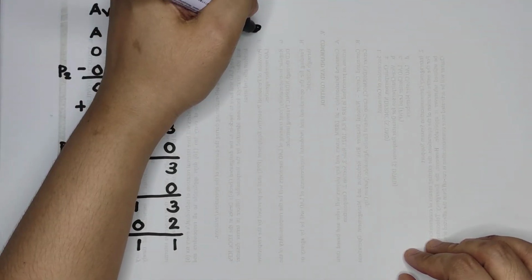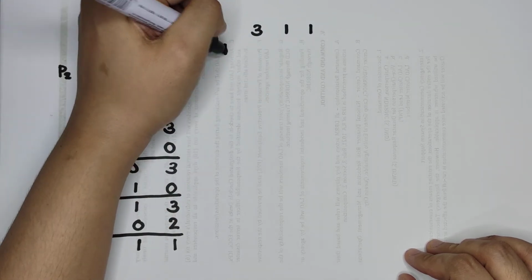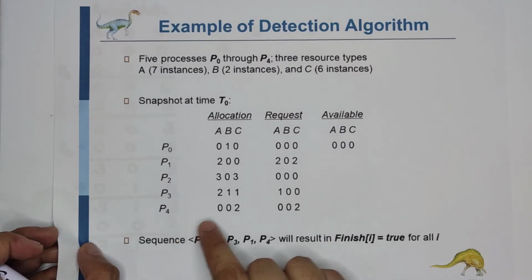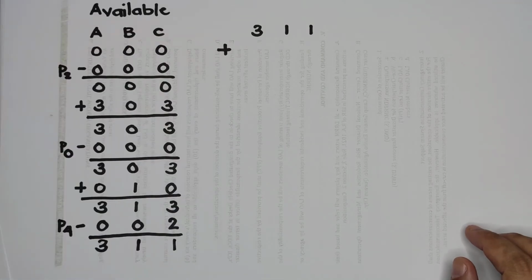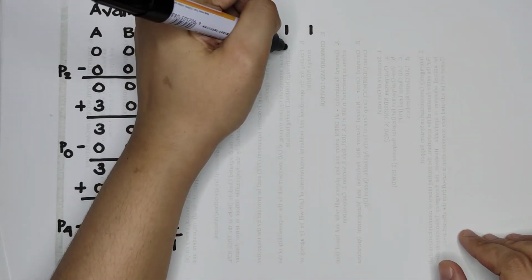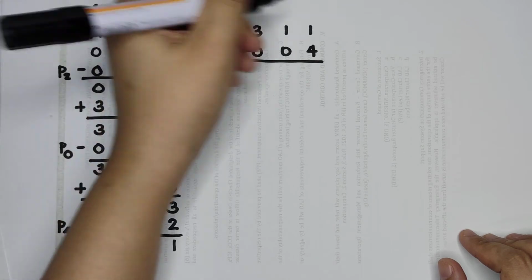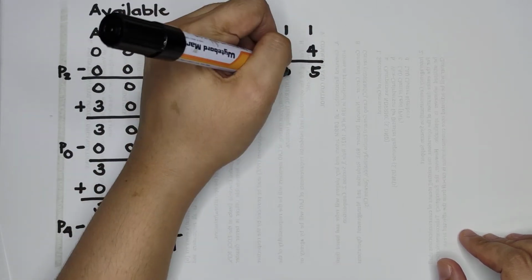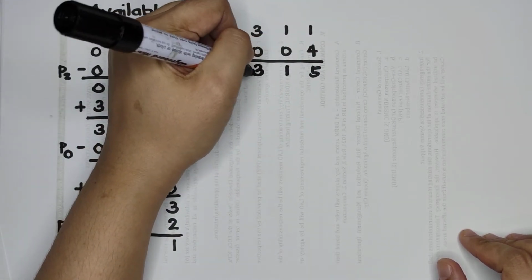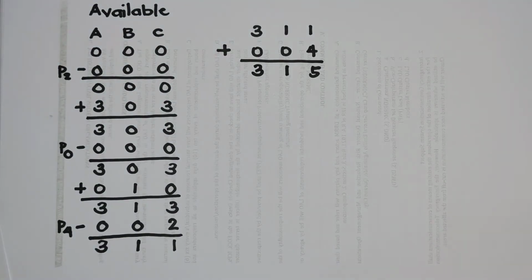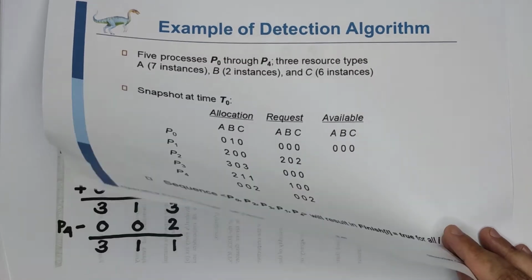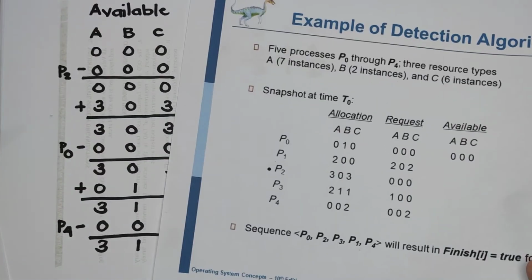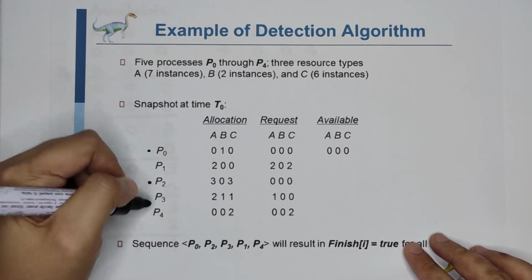So we have 3, 1, 1 plus, the total for P sub 4 is 0, 0, 2 plus 2, so we have 0, 0, 4. 1 plus 4 is 5, 1, and then 3. Okay, and then next, we're already finished with P sub 2, P sub 0, and P sub 4.